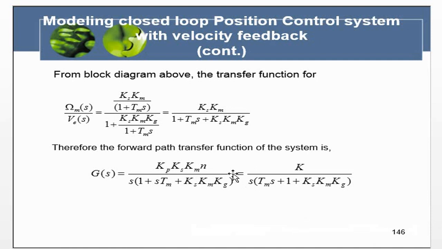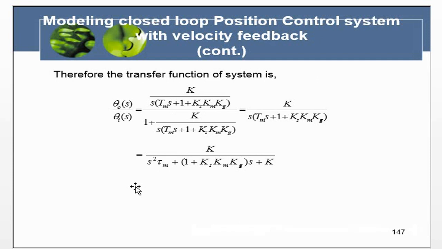Or the simple one, it is K per S(TmS + 1 + KsKmKg).